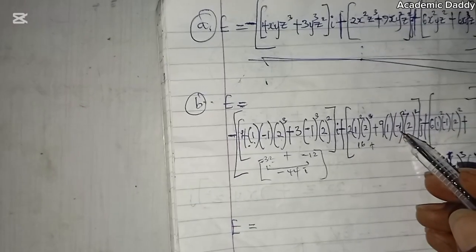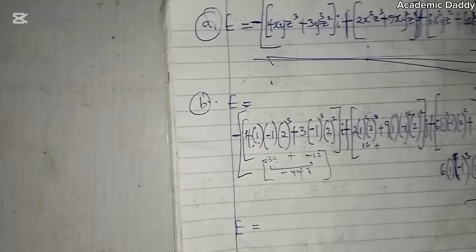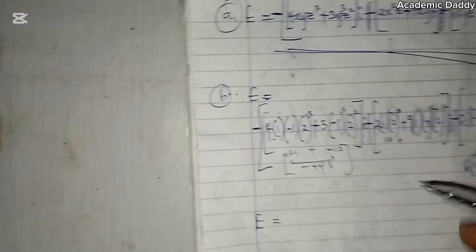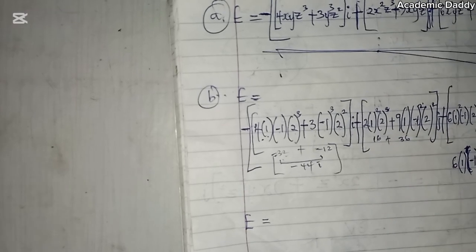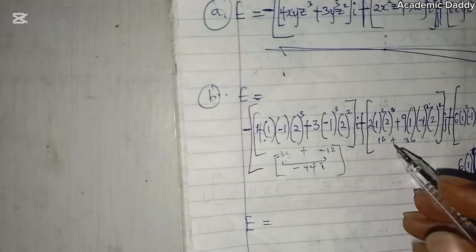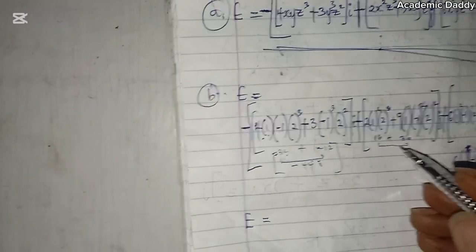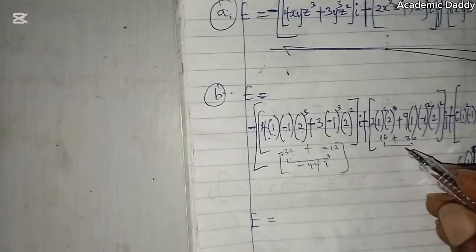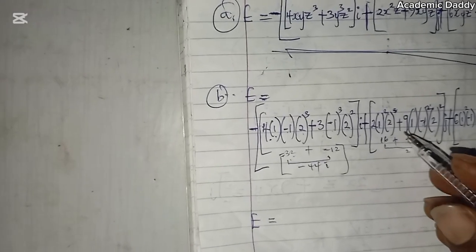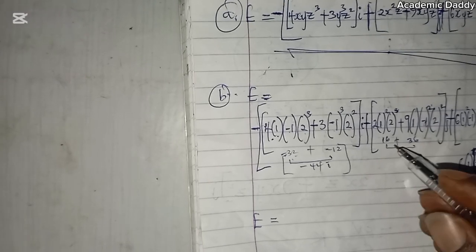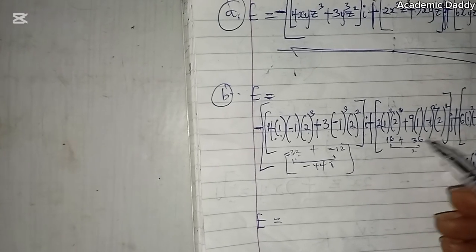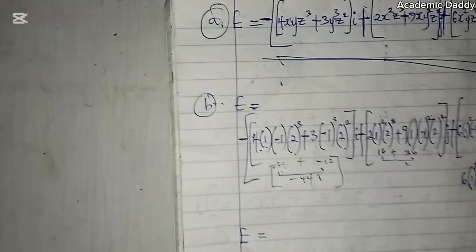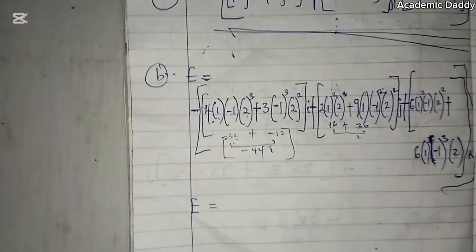So 9. 4 times 9 should be 36. Because it will be 18, 36. So by the time you add up 36, 6 and 6 will give you 12. You write 2, carry 1. 30 and 10 will give you 40.